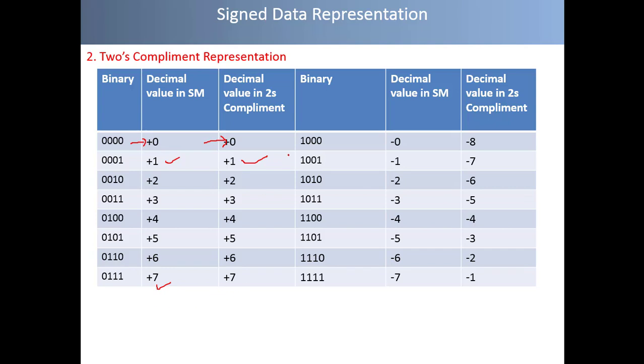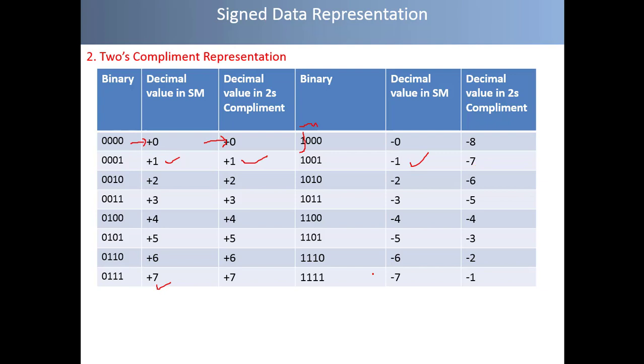Now let's take the next number, which is 1000. In sign magnitude representation, this becomes -0, whereas in 2's complement representation, the most significant bit has a weight, and if we calculate it, it becomes -8. The next number 1001 becomes -1 in sign magnitude, whereas it becomes -7 in 2's complement.